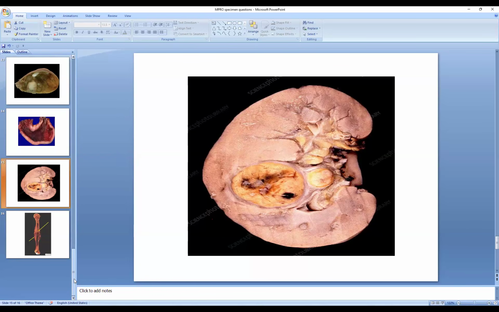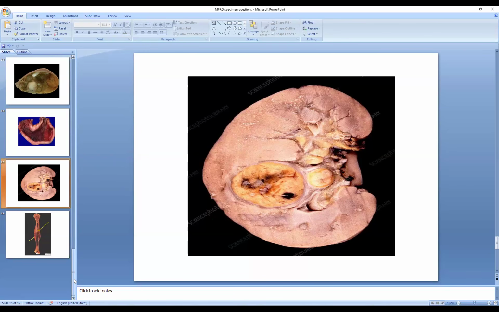What imaging modality would you prefer for evaluating? Sir, CECT abdomen. How will you treat? If it is a localized disease, we can go for partial nephrectomy, and if it is a large tumor, we can go for a radical nephrectomy, followed by systemic therapy.